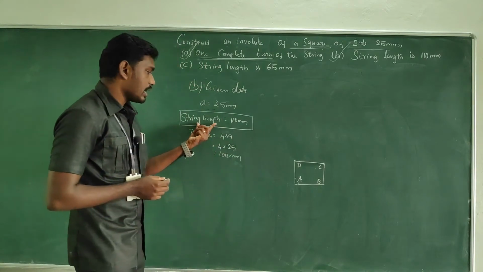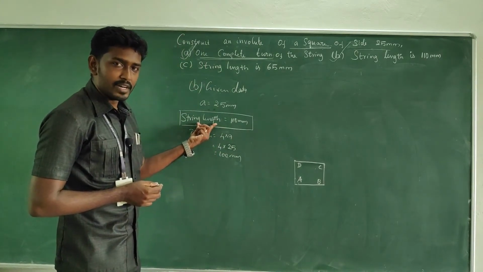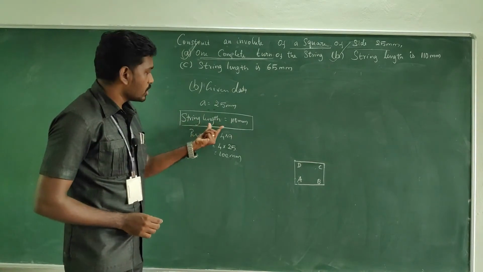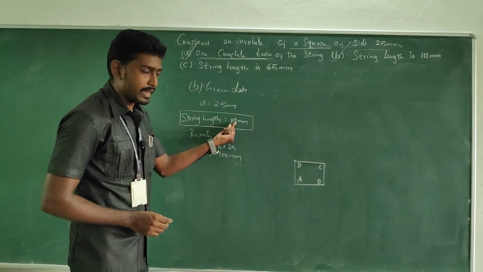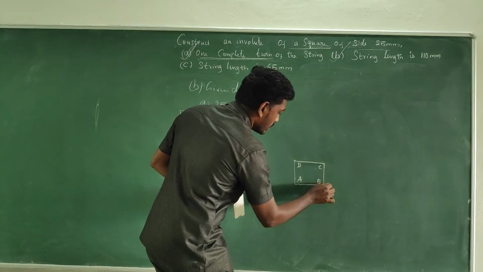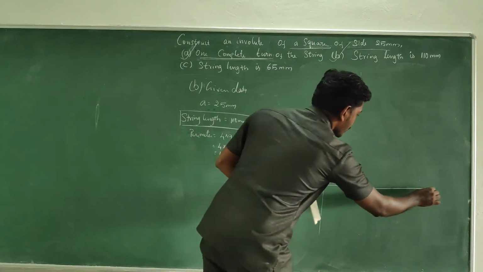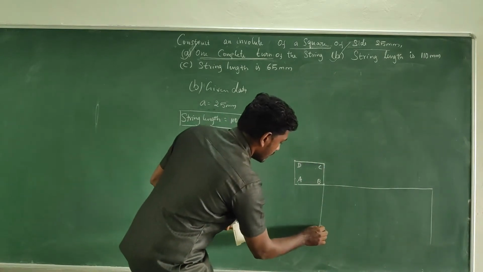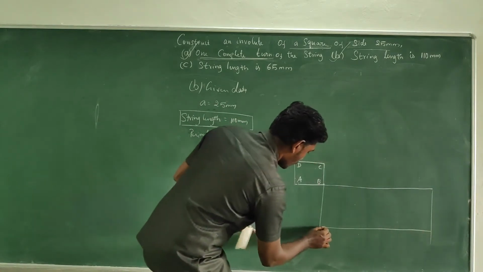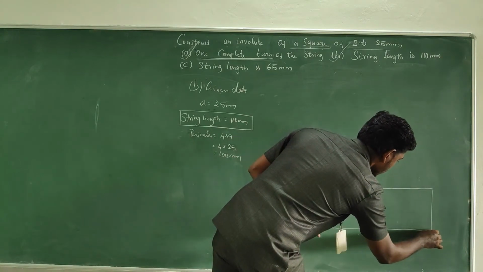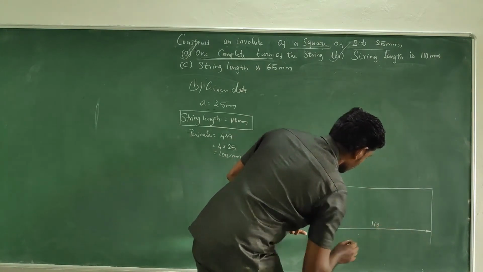So first, how to remember, always how to take the string length, right? Here the string length is 110. So from the B point, go for a perpendicular line which possesses the length 110.